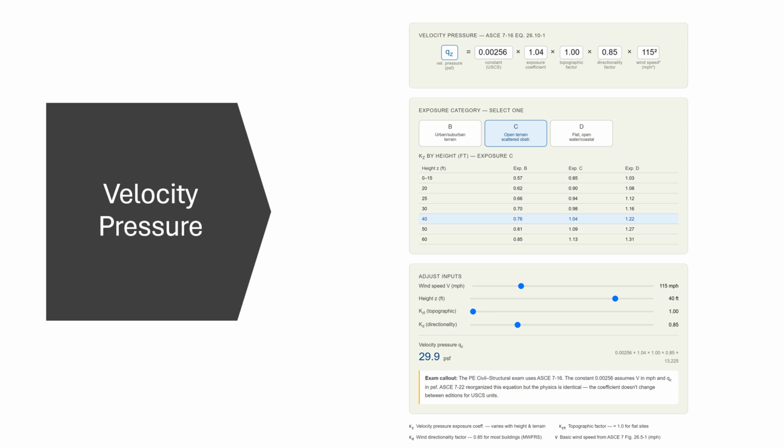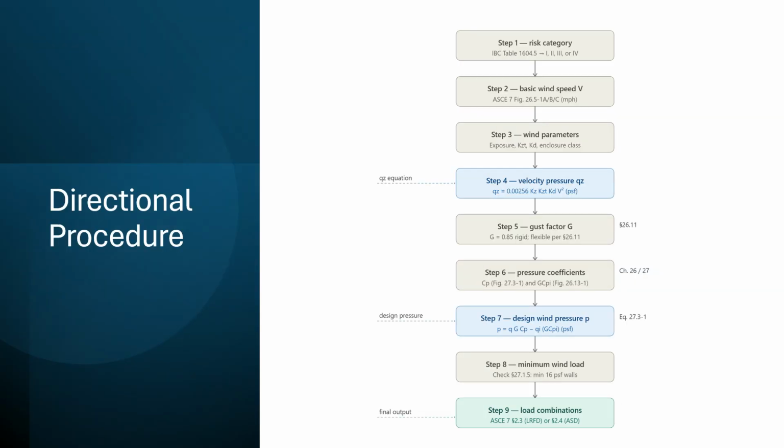So you'll plug in that equation, and this is an example of your height factor, all these things plugged in. And then the bottom here is the velocity pressure of roughly 30 pounds per square foot. And that's just from plugging and chugging that equation. So the first step here is to get the velocity pressure, and then you can move on to the directional procedure.